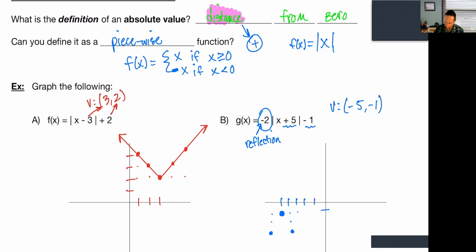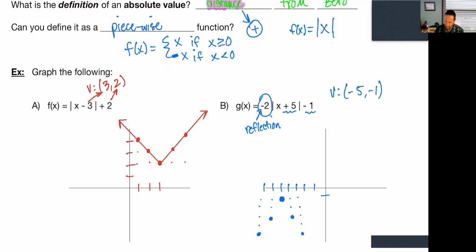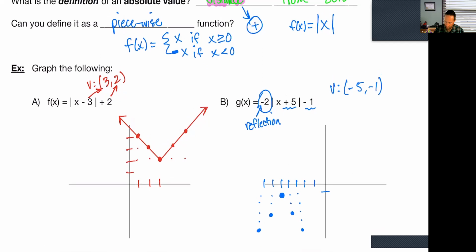If I go right 2 and left 2 tick marks, then I will go down, instead of the normal 2, I will be negative 2 times as big. So 1, 2, 3, 4. 1, 2, 3, 4.